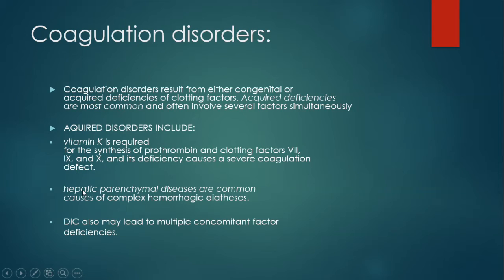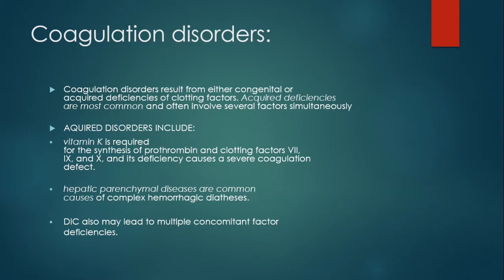Hepatic means liver, the disease related to the liver, since the liver is a main organ involved in producing many coagulation factors and also in removing many coagulation factors from the circulation. So liver disease can also cause coagulation disorders. DIC also may lead to multiple concomitant factor deficiency. As we have previously discussed, DIC can also cause depletion of platelets and coagulation factors that lead to coagulation disorders.